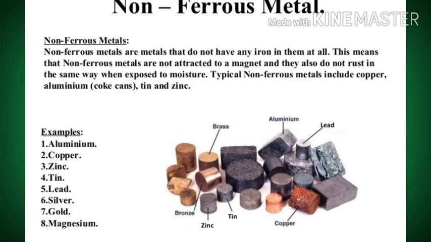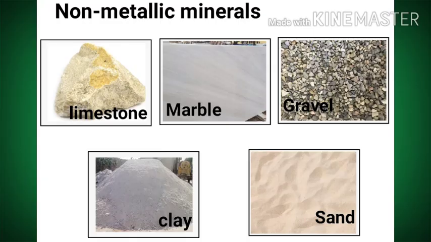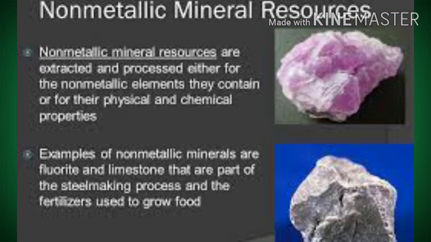Getting it? Now see what the non-metallic minerals are. The minerals which do not contain metals are known as non-metallic minerals. Maybe you are confusing non-ferrous and non-metallic. These two are different. Non-ferrous is a metallic mineral, but it does not have iron. But non-metallic minerals do not contain a single part of metal.